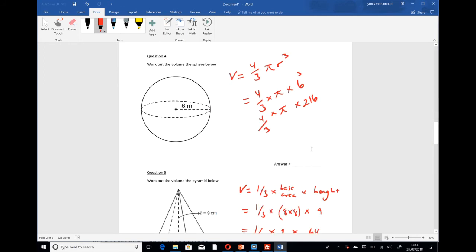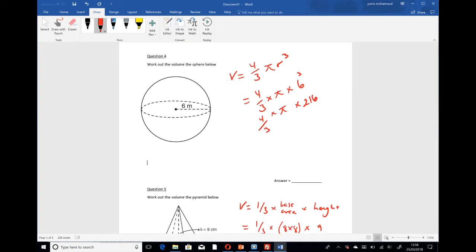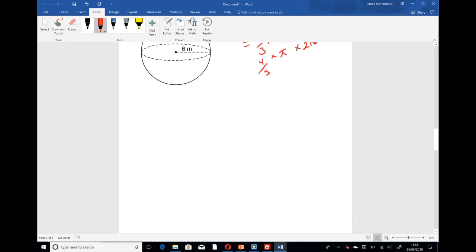Okay, so this might get a little bit messy. What I'm going to do on the side is work out 4 over 3 times 216. So I'm going to do 216 divided by 3. So 216 over 3. How many 3's go into 21? It's 7.